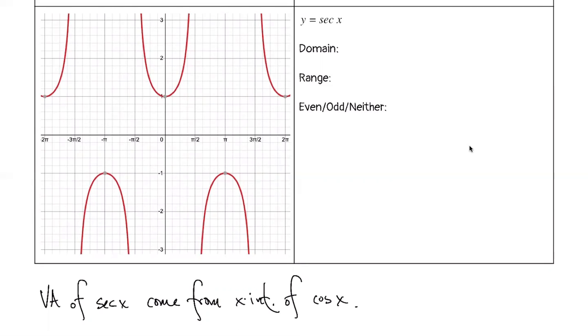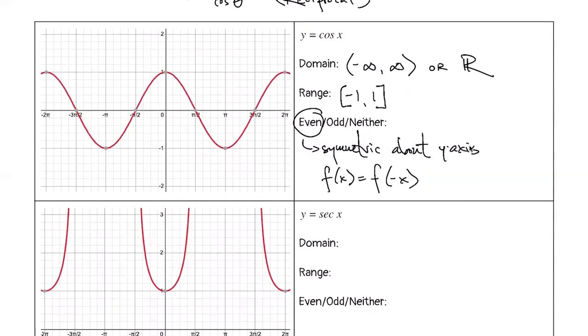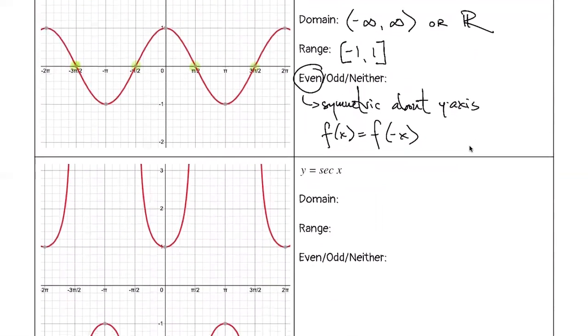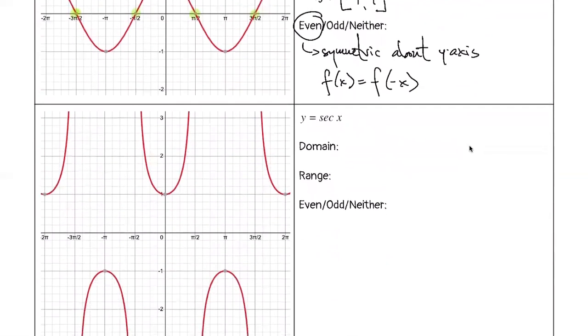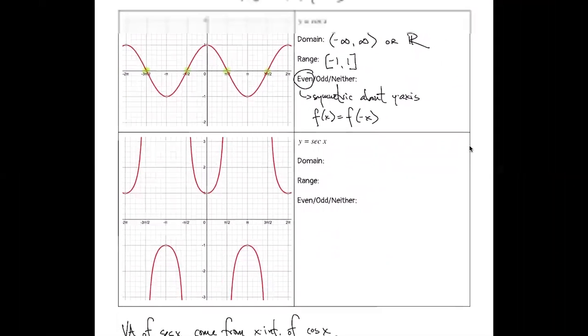And so let's use that lime green color again to see. All right, so I see that there is an x-intercept at pi over 2, and one at 3 pi over 2, and negative pi over 2, and negative 3 pi over 2. And if we look on this graph, let me zoom in a little bit so we can see both graphs at the same time.